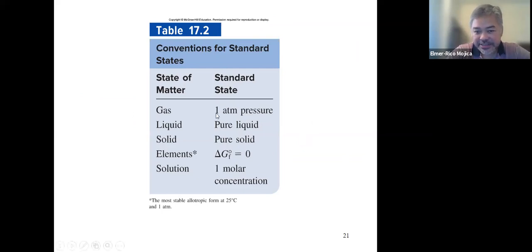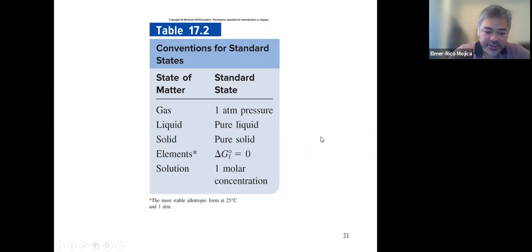For gas, it is the one with 1 atmosphere pressure. In liquid, you should have a pure liquid. The solid must be a pure solid. Now, if it's an element, the delta G is always equal to 0. For the solution, you always have to make sure that it is 1 molar.